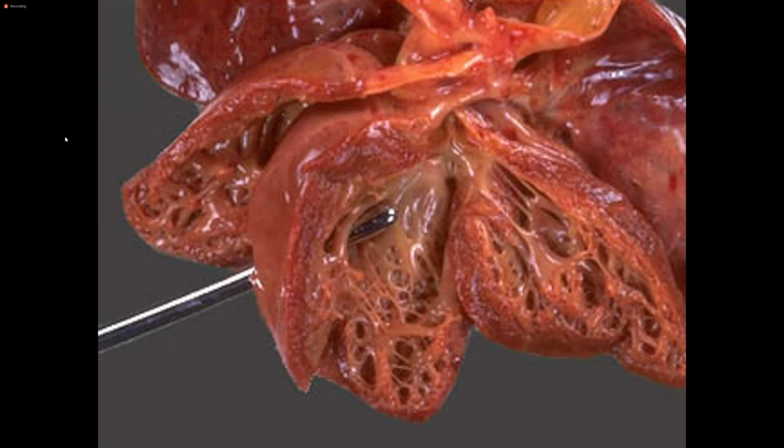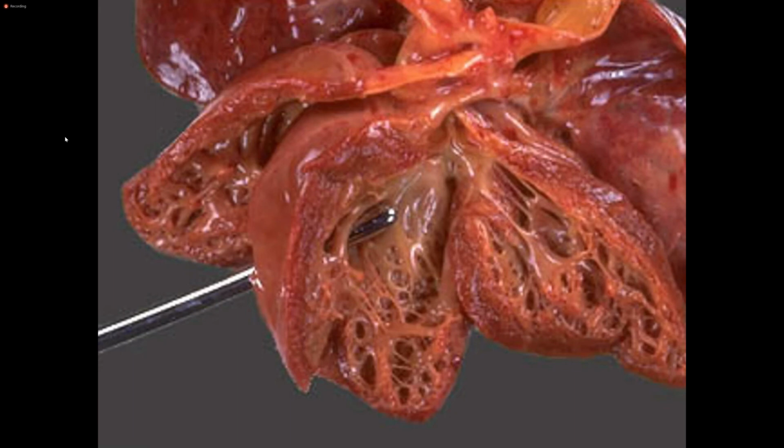Now, increasing the pressure over time on the right side, in the lungs, will lead to the development of what we call pulmonary hypertension. In that case, the pulmonary pressure may become 2 or 3 times higher than the pressure on the left side, and there will be a reversal of the shunt.